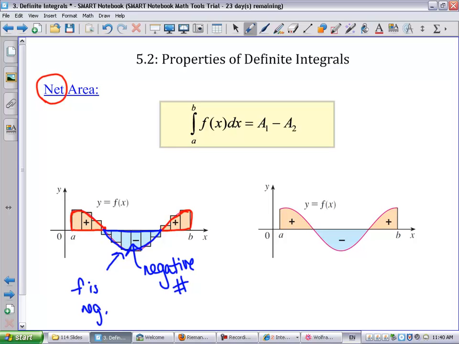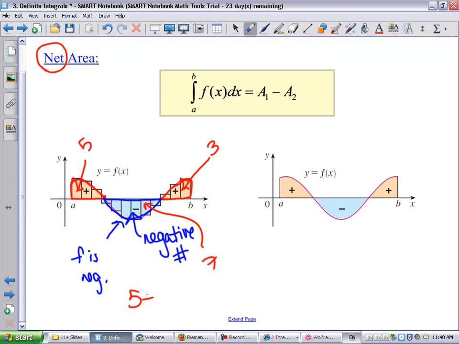Let's pretend this one's 5 and this one's 7 and this one's 3. You'd think if you're talking about the area under a curve, you might add up all those numbers. But that's not actually true. What you do is you add up the two positive contributions, and then you subtract off the negative contribution. And that's what the Riemann sum, the definite integral, is going to give you.